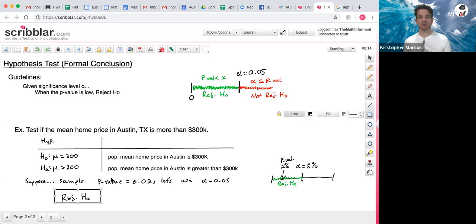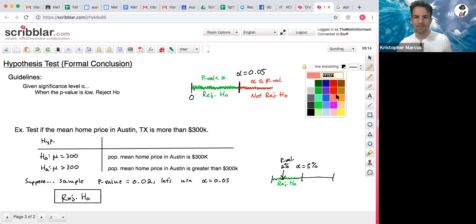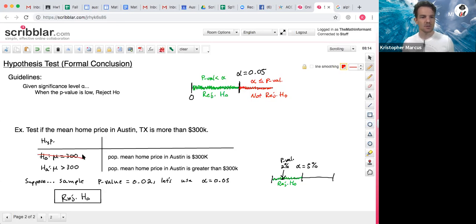So the statement is, when you reject the null, what you're effectively doing in your mind is this. If you reject the null, it's like crossing that out and saying, oops, then the alternative must be true. So our sample is indicating here that for whatever reason we had a sample and it was showing that the alternative is likely true.